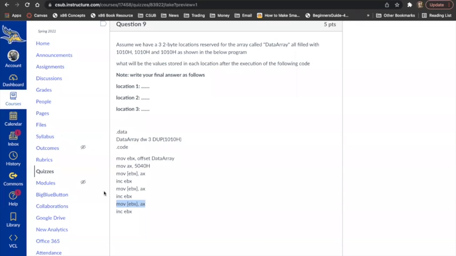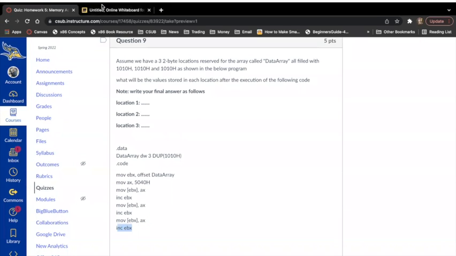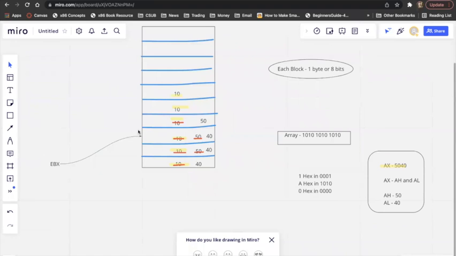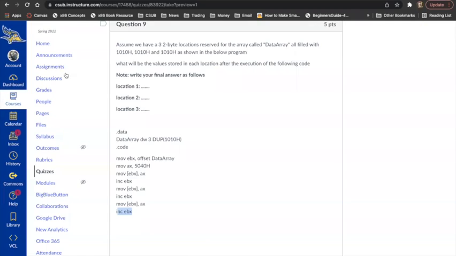Then we increment EBX, which means EBX will point towards here, and that ends the program.